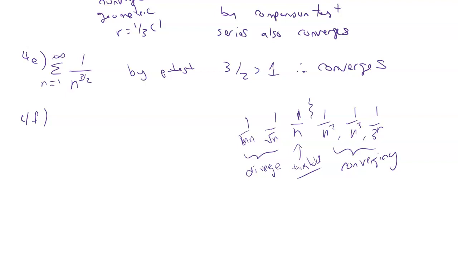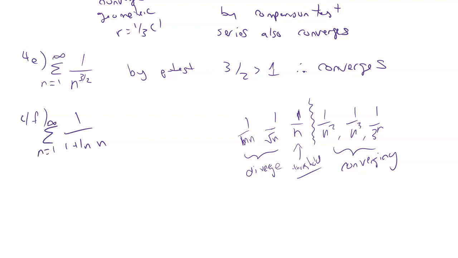So we kind of have a delineation line right here. So the first instinct that we want is to say, okay, this guy is going to diverge.